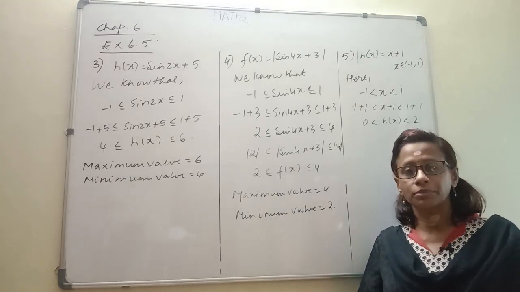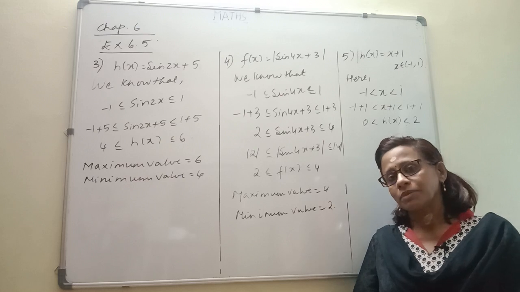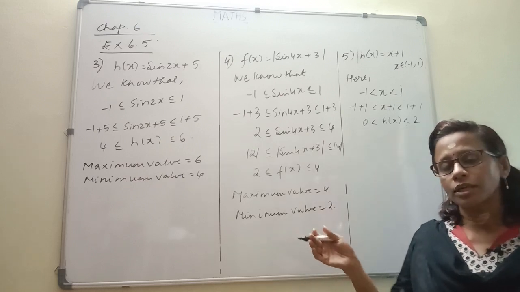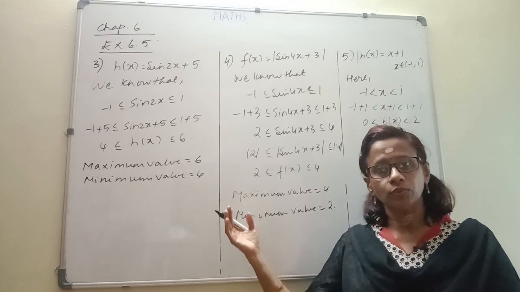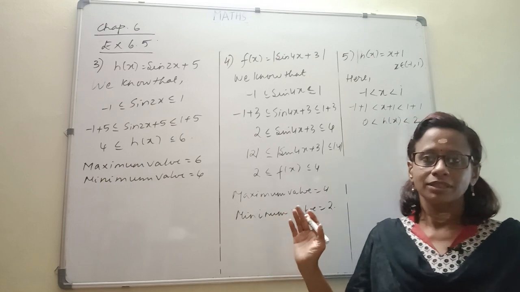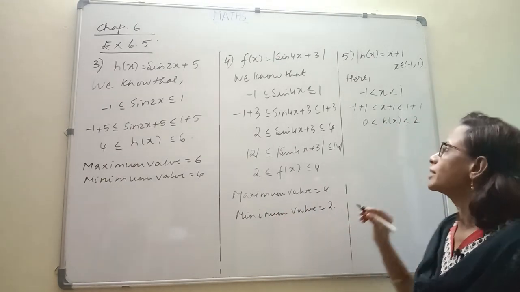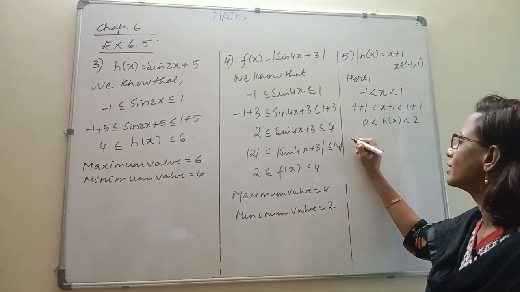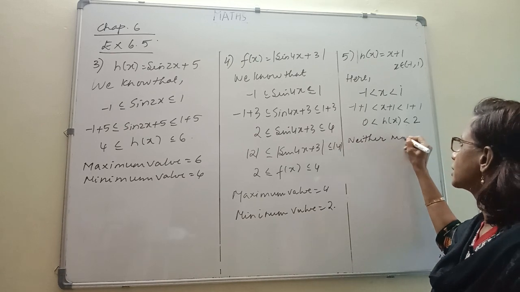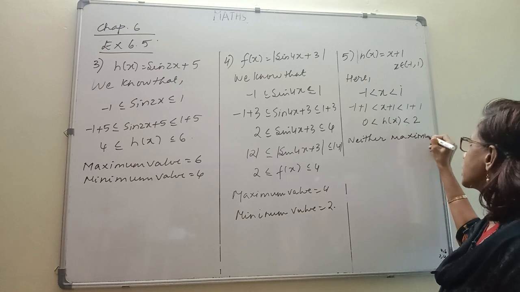So this can be called a bound. You know the lower bound and you know the upper bound, but we cannot tell the maximum and minimum value. So we will write over here that neither maximum nor minimum value exists. Why? Because it's not less than or equal to.